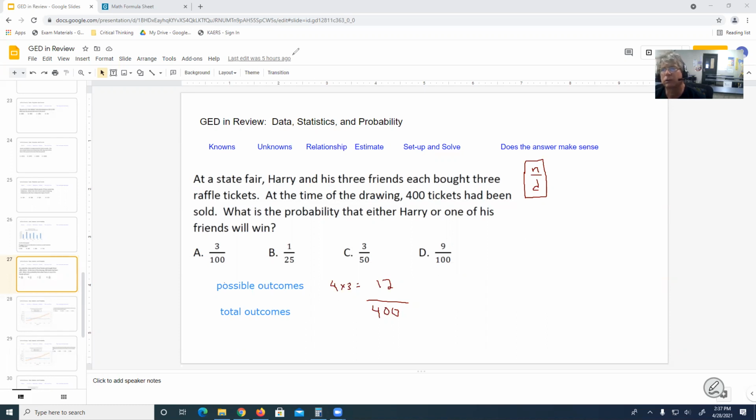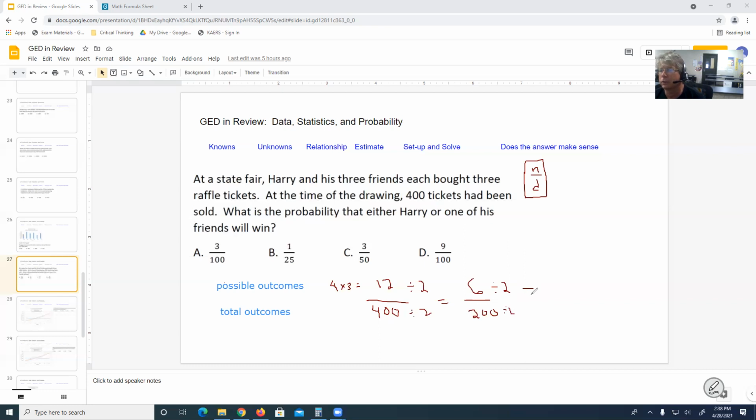Now, again, if you're not too afraid of dealing with numbers, I can kind of see that 12 and 400 are both divisible by 2. So I could take a 2 out of each one of those. I know that 2 goes into 12 6 times, and 2 goes into 400 200 times. And since these are still both even, I can take out a 2 again.